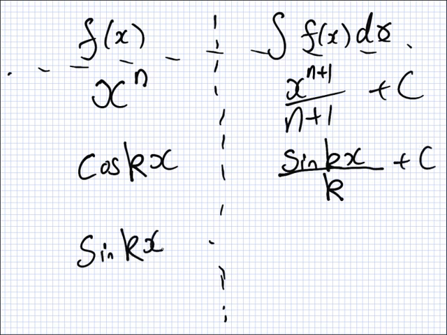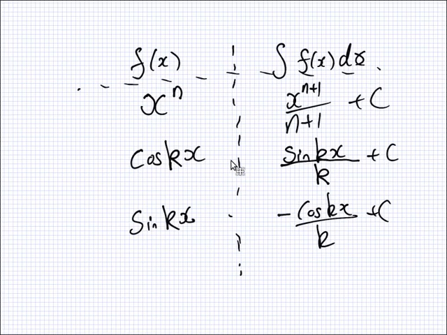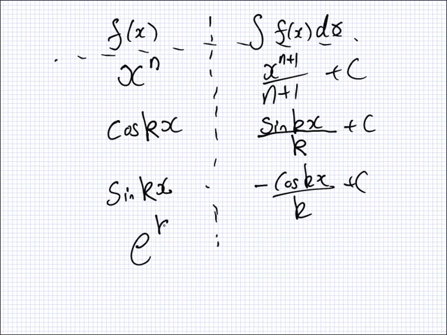Sine kx will be minus cos kx over k plus c. What else did we have? Oh yeah, we had e^kx. It'd be e^kx over k plus c.